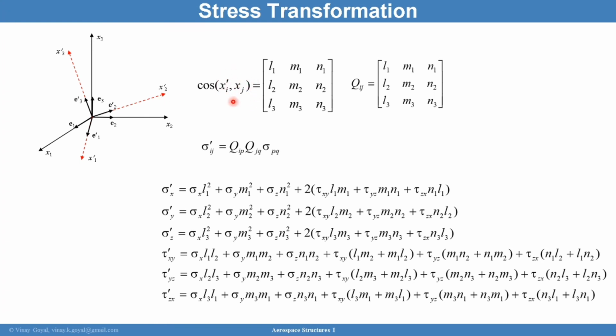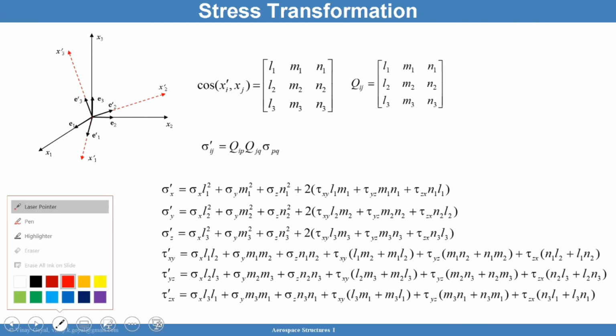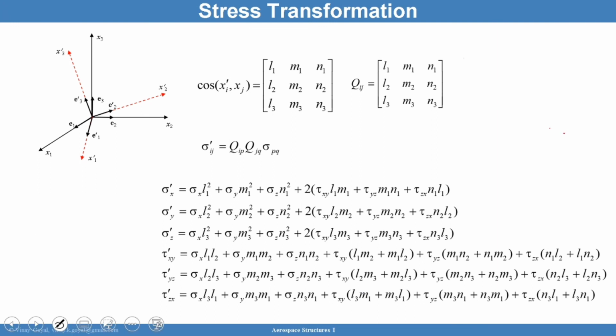You need to calculate the cosine between the x1 and x1 prime axis, and that'll be L1. So in this example, we have to calculate the difference in angle between x1 and x1 prime as an example. And you want to do the rest of them also, n1, and so forth.